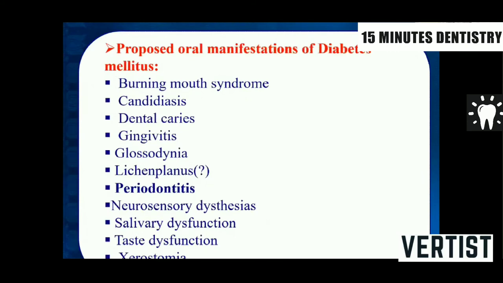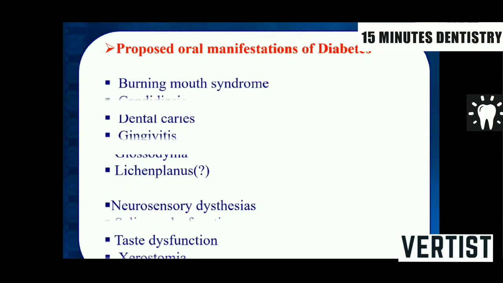So coming to the very important one that we have been studying every time: what are the oral manifestations of diabetes mellitus? The proposed oral manifestations of diabetes mellitus include burning mouth syndrome, candidiasis, dentinal caries, periodontitis, and the entire list is there. Sometimes you might be asked why exacerbated periodontitis occurs in this.